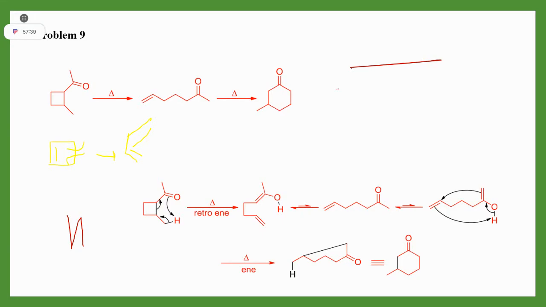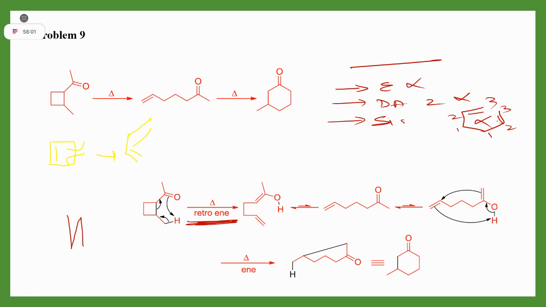See, I have told you that electrocyclic can't happen. Diels-Alder requires two partners, that also can't happen. Sigma tropic requires this type of system, so this is also not possible. Now the last possibility is your retro-ene reaction. The ene reaction can also take place, but there are no allylic hydrogens. So here the retro-ene reaction will take place.